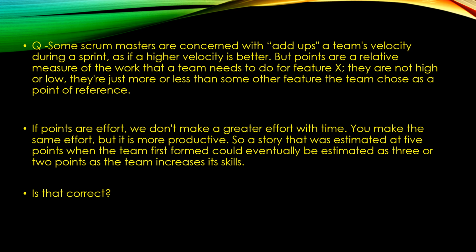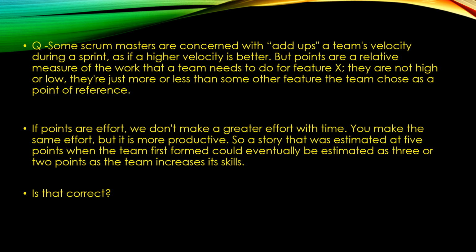Some Scrum Masters are concerned with a team's velocity during a sprint, as if a higher velocity is better. But points are a relative measure of the work that a team needs to do for a feature X. They are not high or low, they are just more or less than some other features the team chose as a point of reference.